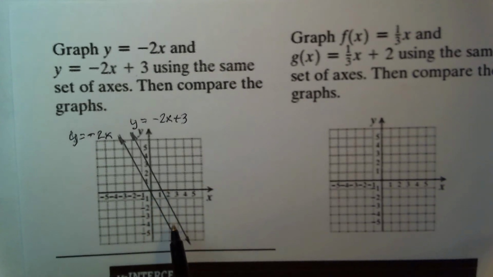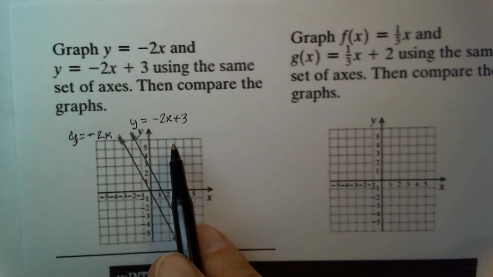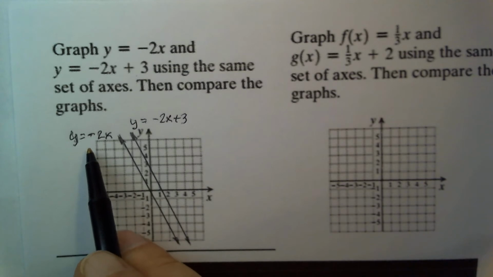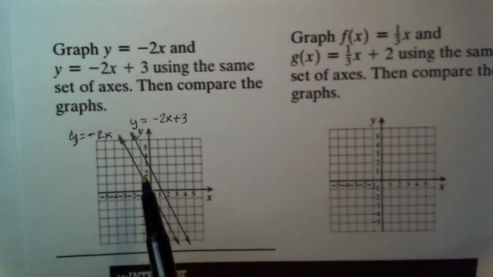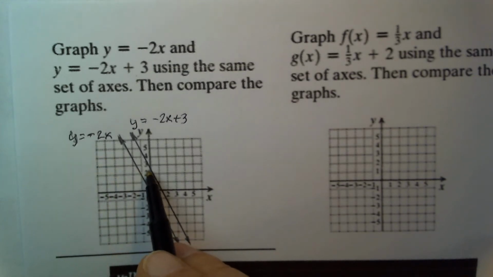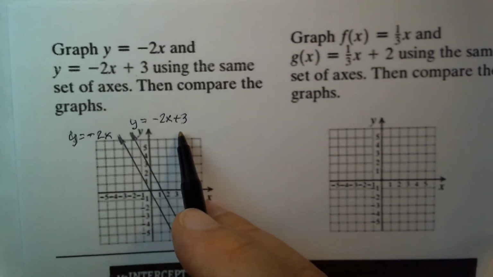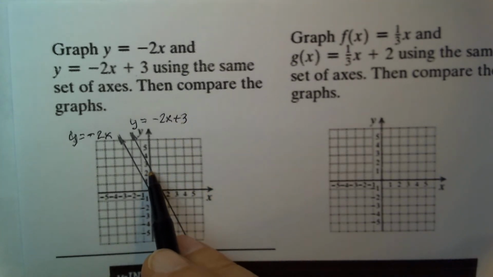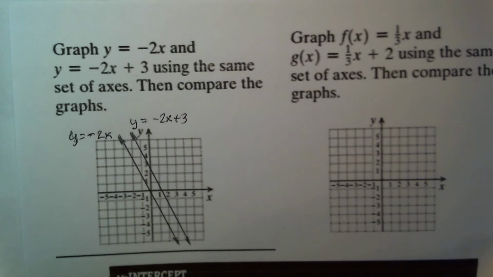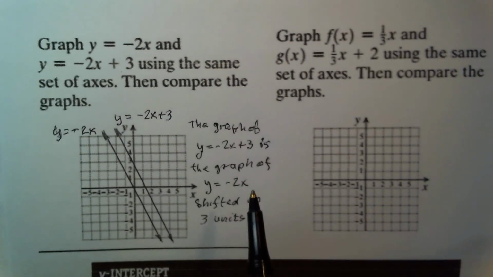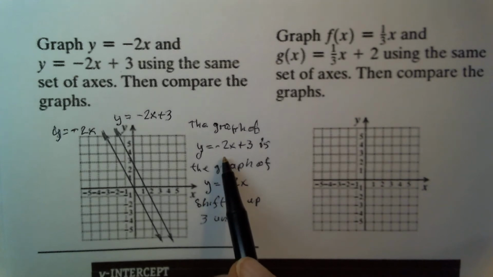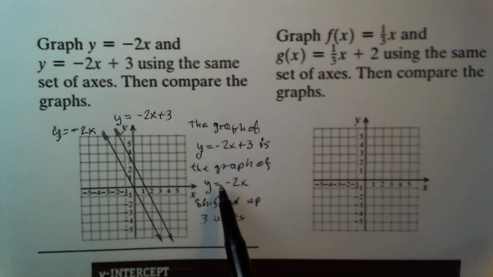And so we note that y equals minus 2x plus 3 is the graph of y equals minus 2x shifted 3 units up. So positive 3 means we shifted up 3 units.